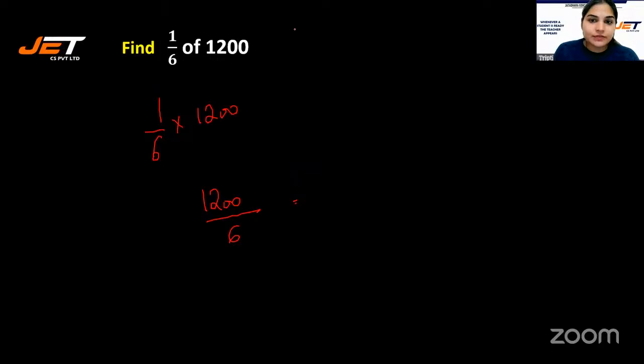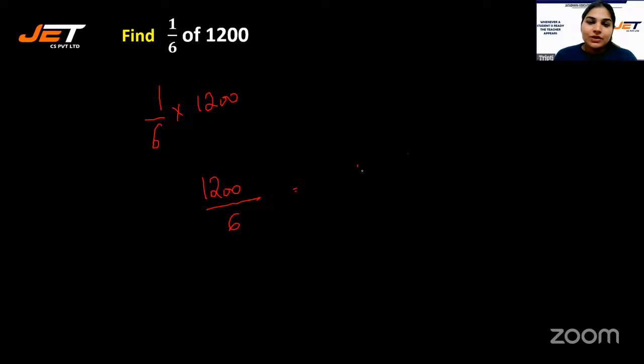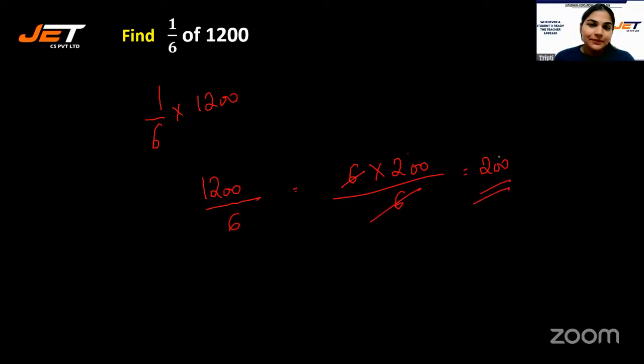Very nice, Vaishnavi. I am really happy with your performance. Good job. Srinthya, please respond. Okay, so here 1200, how can I write 1200? 6 times 200 is 1200. 6 cancels. 200 is the answer. Yeah?